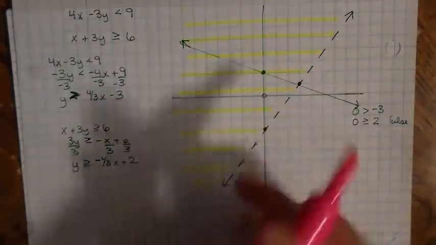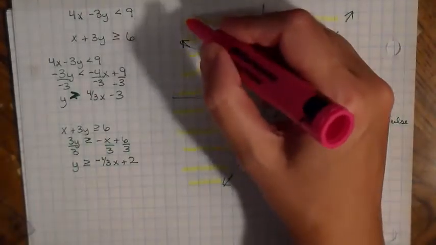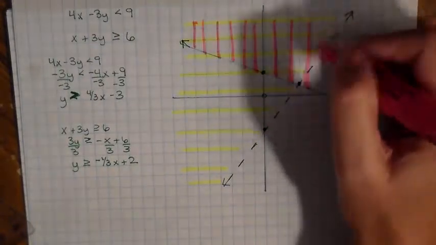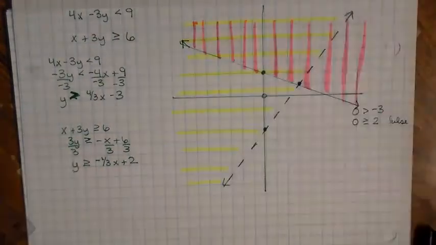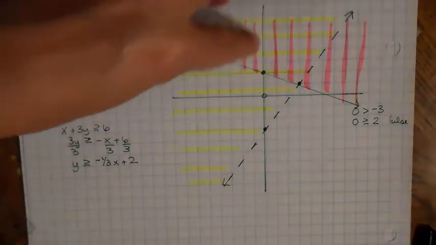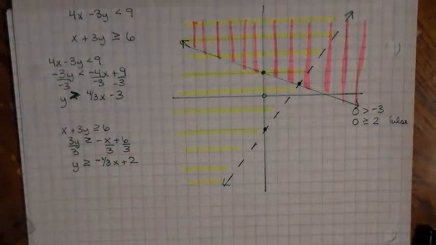So then what I do is I come in, here I had drawn horizontal lines, so now I will draw vertical lines. And you don't have to do these in 2 different colors, I'm just doing 2 colors to make it obvious what I'm doing. Now the area where you got both horizontal and vertical lines, this is your solution area.